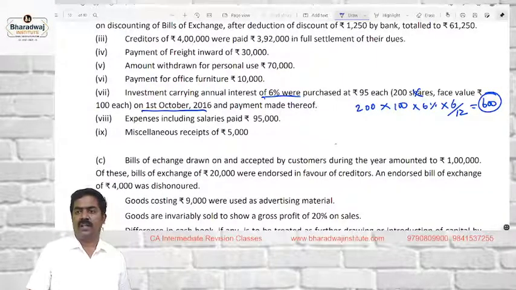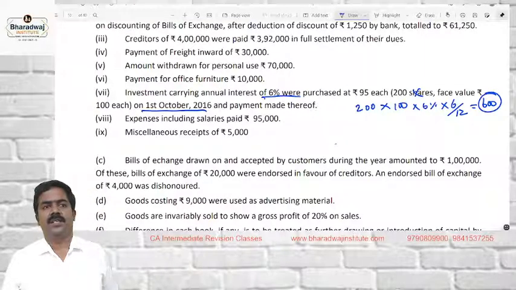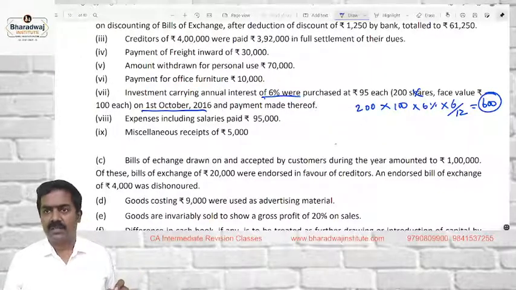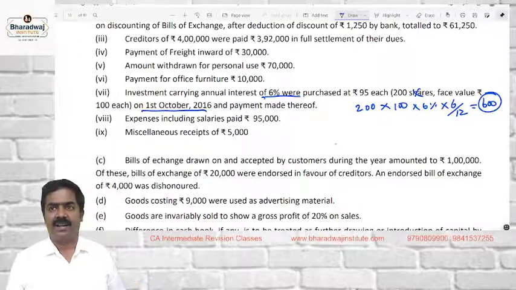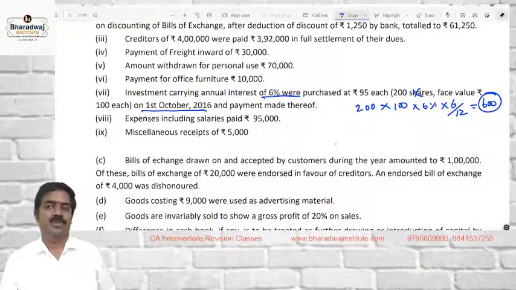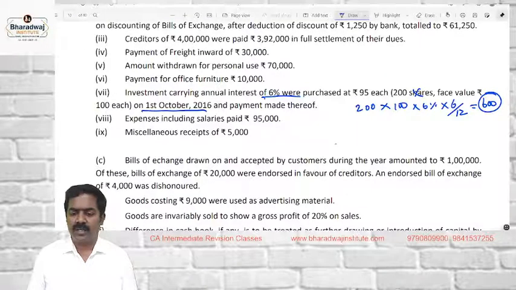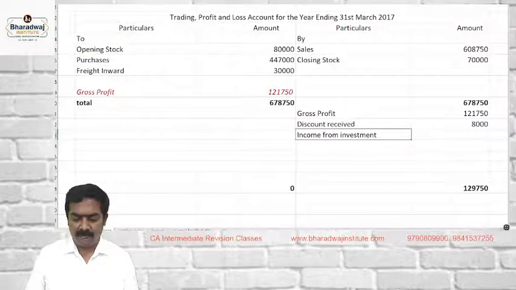And of course, we will record it in the P&L account also. 200 into 100, 20,000 is the face value. How much is interest? 6% for how many months? 6 months interest is earned but not received. It will be an asset also for us. So 200 into 100 into 6% into 6 by 12. How much is it? 600.